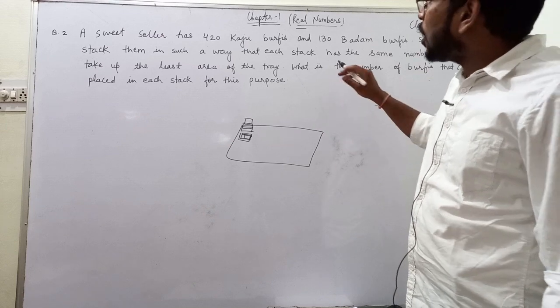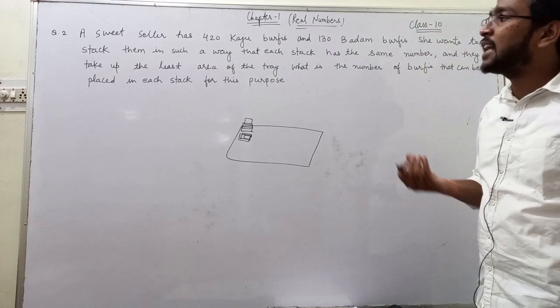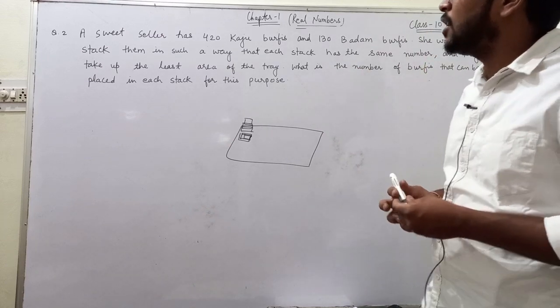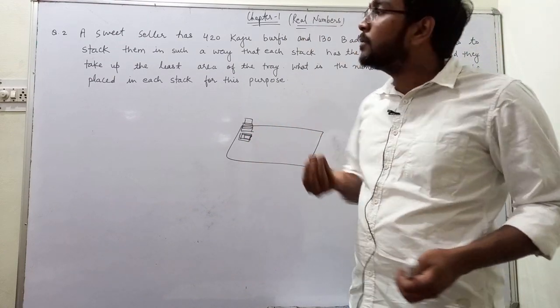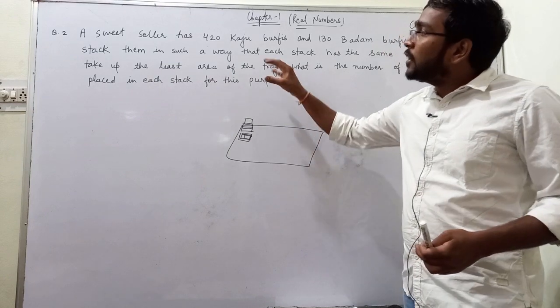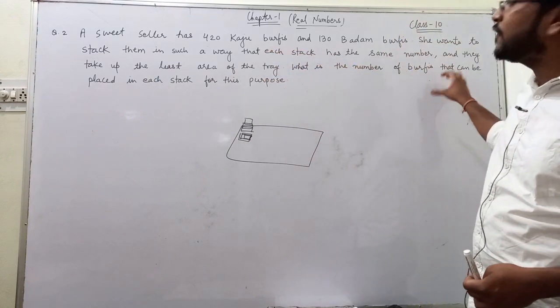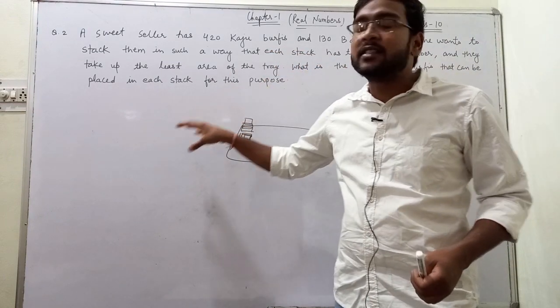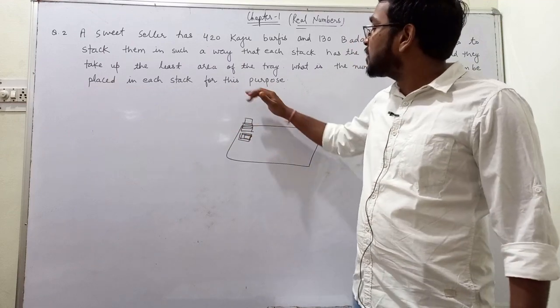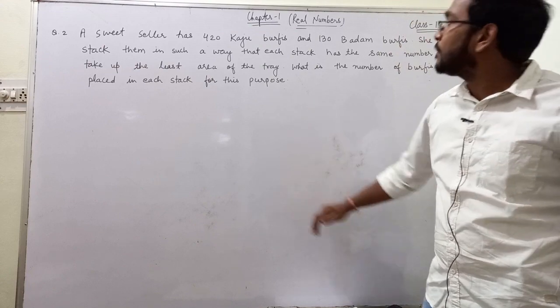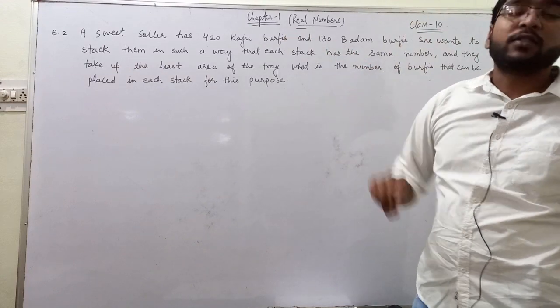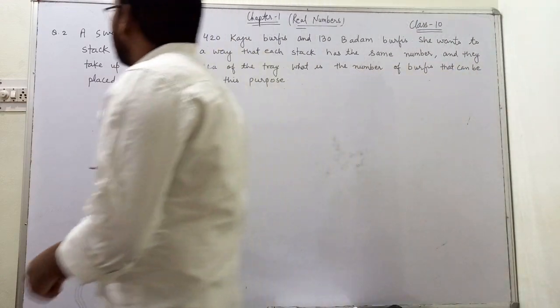So to solve this problem, the number of burfis that can be placed in each stack should be divisible by a common number. So the number of burfis in each stack should be equal to the HCF, that is the highest common factor, of these two numbers.